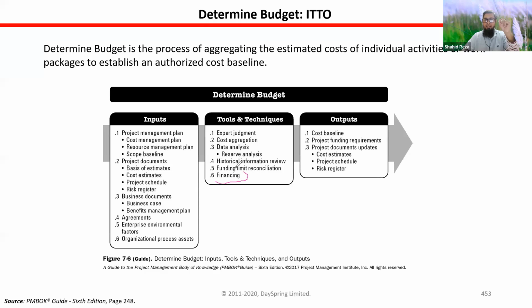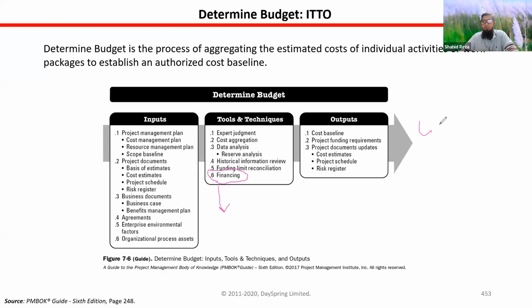Number 6 is financing. This is a new tool. Please remember, this is a very new tool in the 6th edition. Financing means where the project finance is coming from, which you also need to add in your project budget. In the private sector, organizations don't give the whole budget from their shareholders' money or equity.